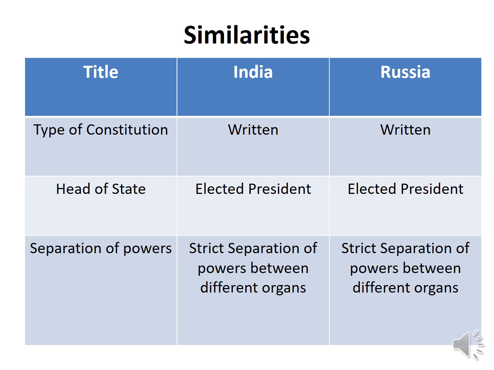So the party will stand their members in the election, and the person who is elected by the Russian people will then be appointed by the Federation Council. So India and Russia both have the elected president as the head of the state, but the difference is that here the president is indirectly elected, while in Russia the president is directly elected.